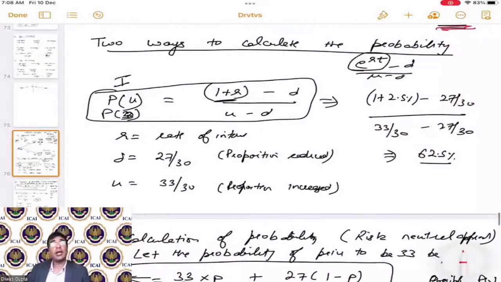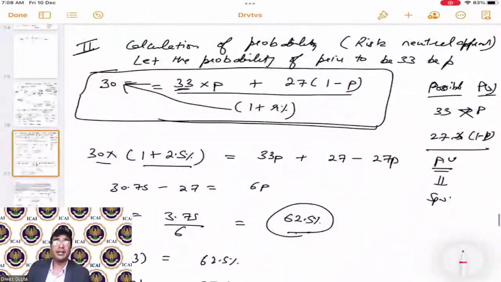Now we said how to calculate probabilities. There are two options. For the price going up, we have to use this formula, (1 plus R minus D) divided by (U minus D), where R is the expected rate of interest, D is the proportion of the reduced price, and U is the proportion of the increased price.